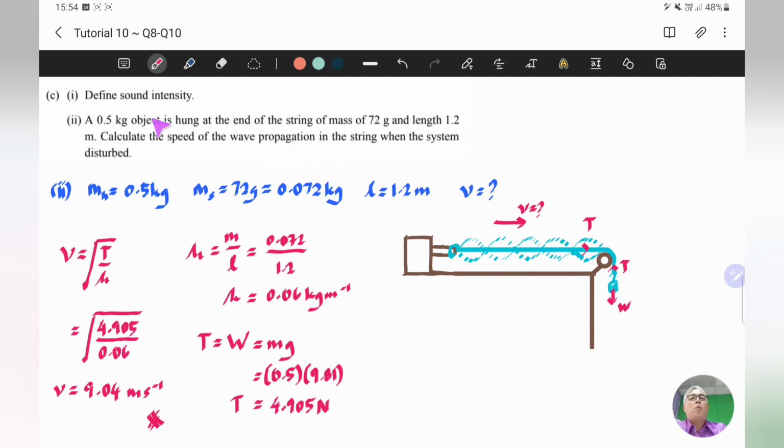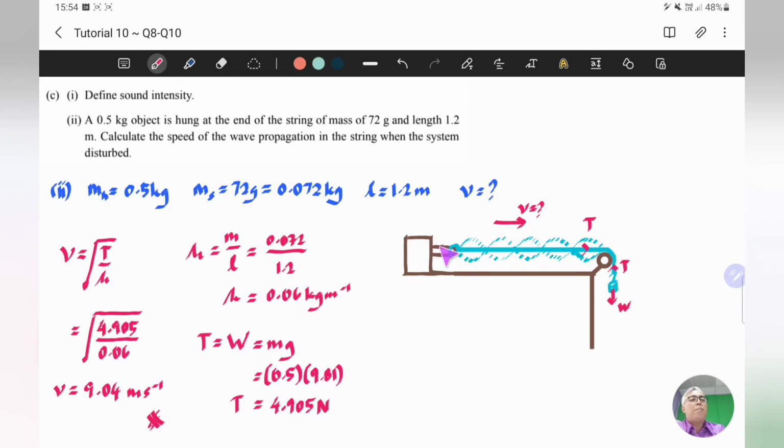Alright, so what do we have? Mass of the hanging body, which is 0.5 kilogram. Mass of the string, which is 72 gram, converted to kilogram. Length of the string, which is 1.2 meters. They ask you to find v. So how is the situation? This is our stretched string.